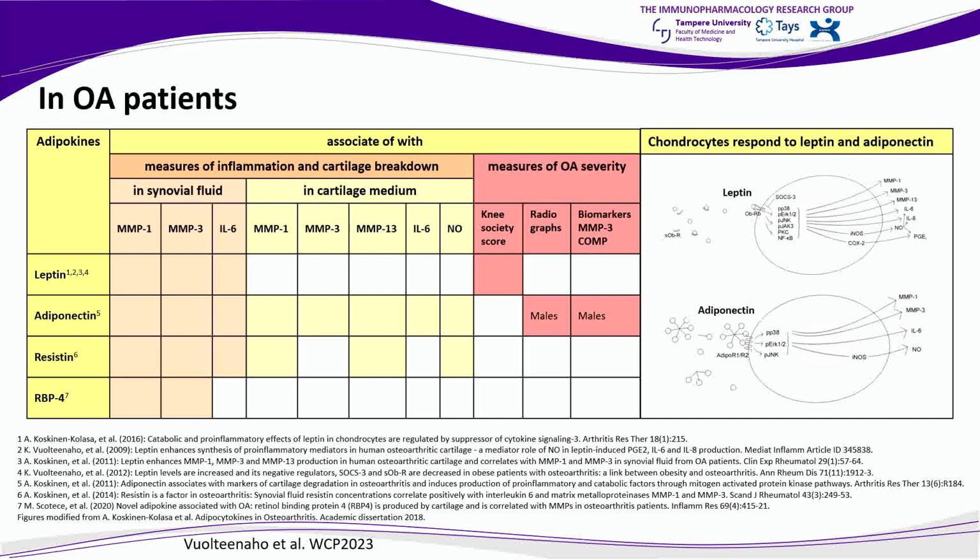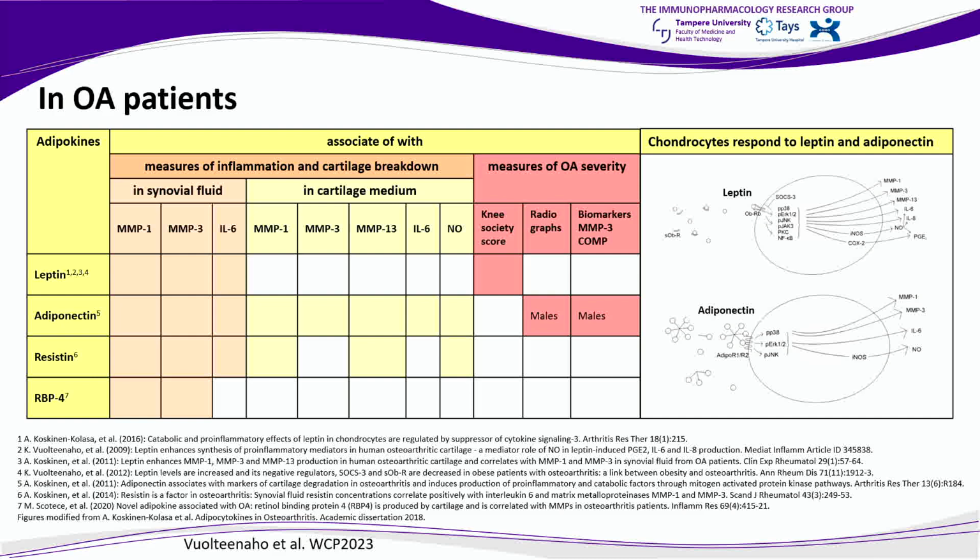They also associate with measures of OA severity, measured by knee society score, radiographs, or biomarkers of severity of osteoarthritis like MMP3 and COMP.